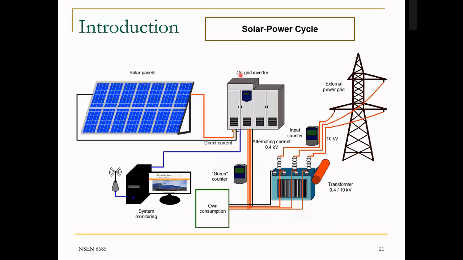Moving forward, another type of power cycle is the solar power cycle. In this case, we are converting solar energy, the heat coming from the sun, into electricity. We can do that in multiple ways, but the most famous one is to use solar panels. Maybe you have photovoltaic cells, whatever they're called in the ECE department.